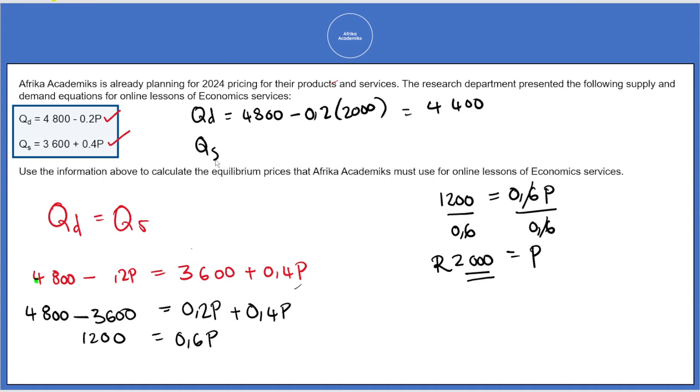So if you do the same thing for QS, and then you say 3,600 plus 0.4, in place of P you put 2,000. It'll give us also 4,400. So that's how you calculate the equilibrium price, right? If a question comes and says calculate the equilibrium price, that's how you do. This is the equilibrium price, this P here.